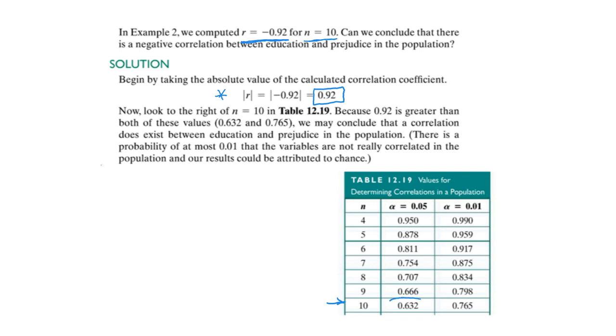Right, so we're looking at this 0.632 and 0.765. And it says on here, because 0.92 is greater than both of those values, you can conclude that a correlation does exist between education and prejudice. All right, so if the absolute value of the correlation is greater than the values on the table, then there is a relationship, a correlation between the two X and Y values.